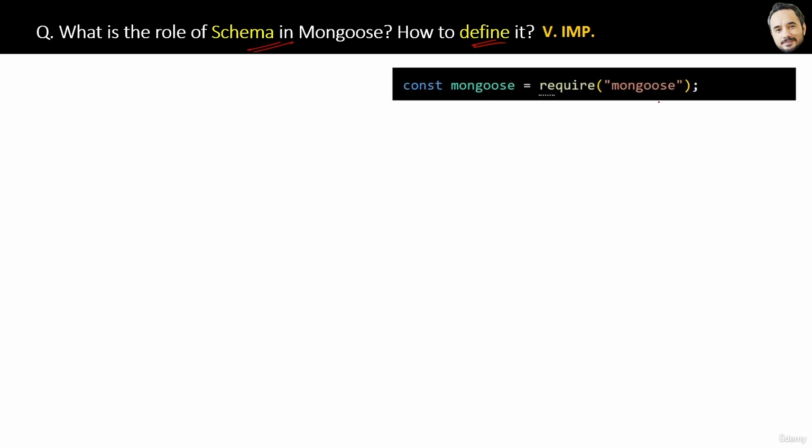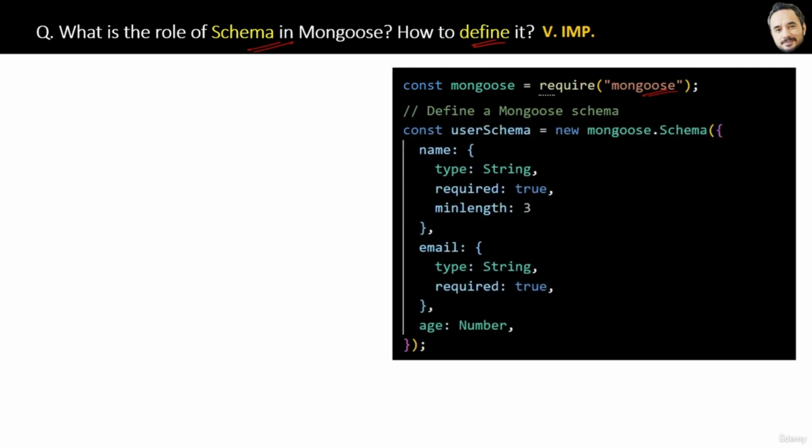For that, first require the Mongoose library. And then like this, define the schema by using this mongoose.Schema function. Now listen carefully. In this function, as the argument, you have to pass the fields that you want in your user collection document. Name, email, age, anything.